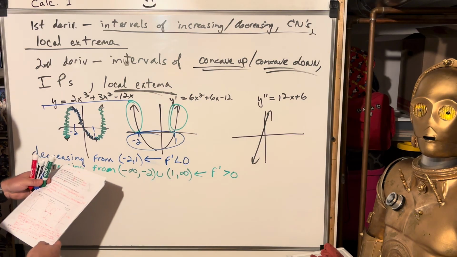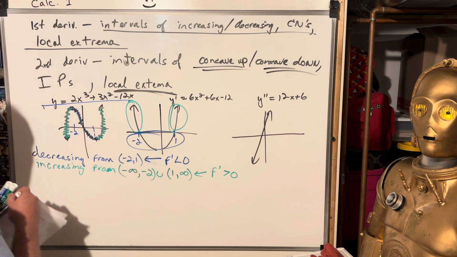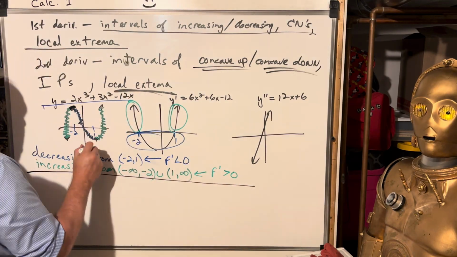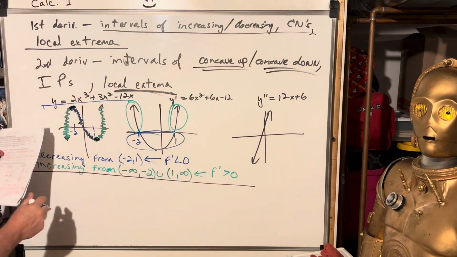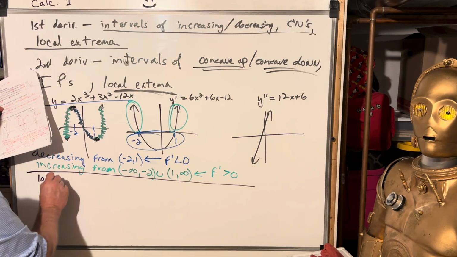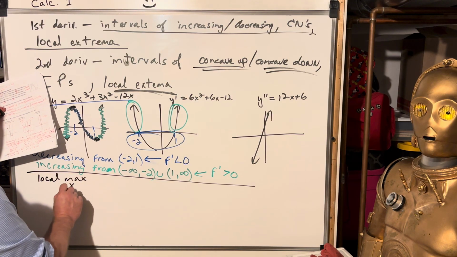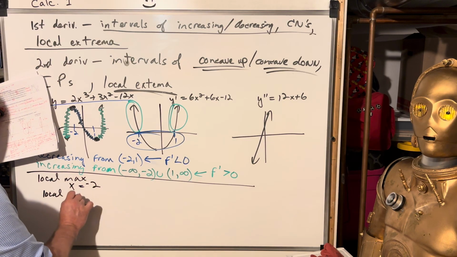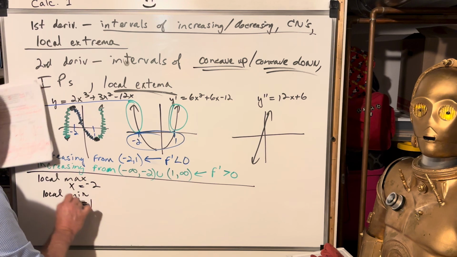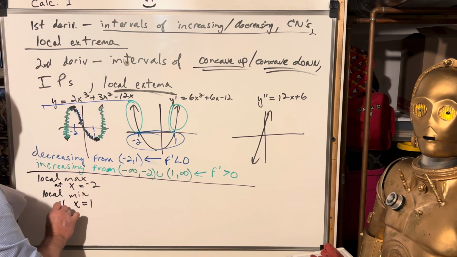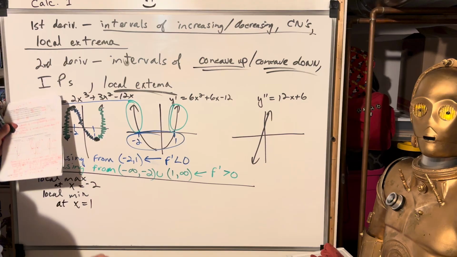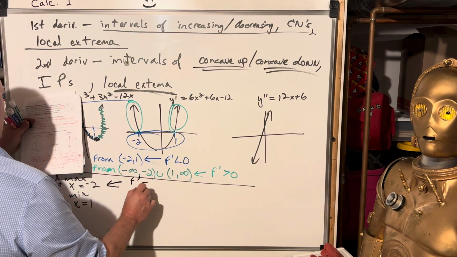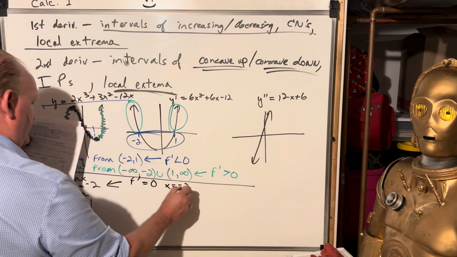Okay. So now let's look at the local max and the local min. So we have a local max at x equals -2 and a local min at x equals 1. Well, f prime is equal to 0 at x equals -2.